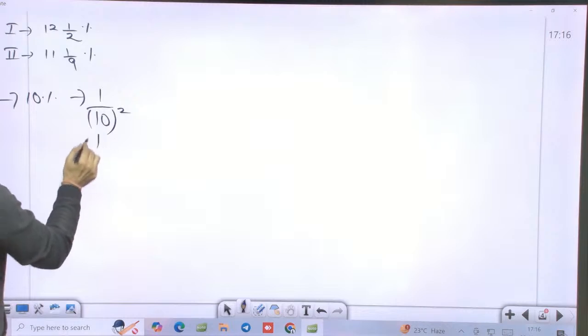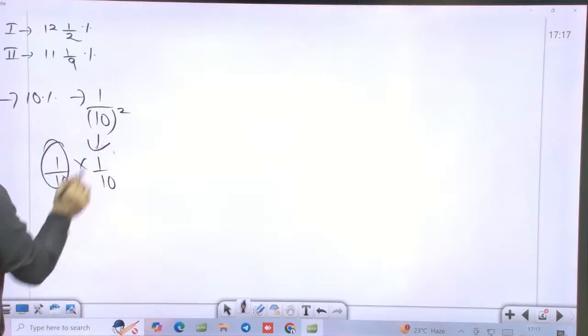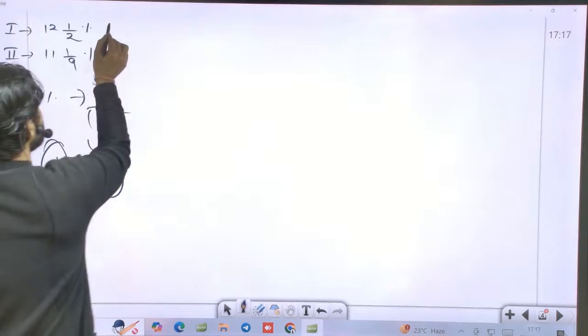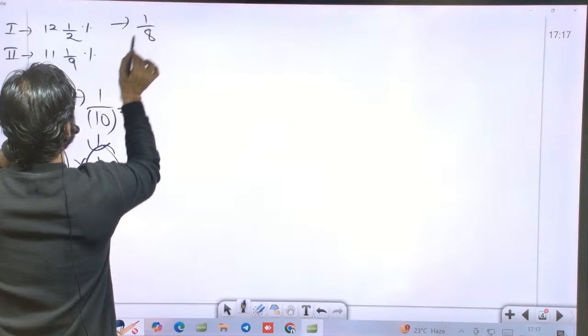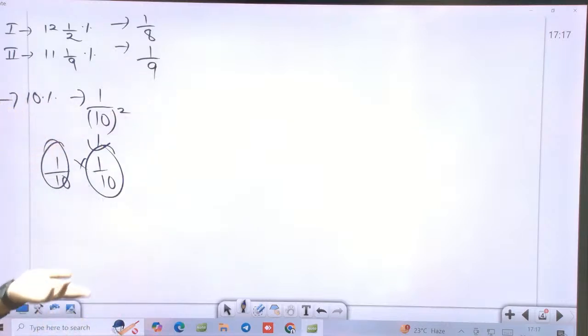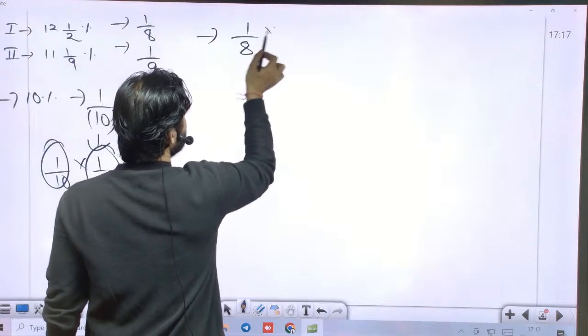Let's expand the square now. It was 1 by 10 into 1 by 10. This was for the first year, this was the second year, because the rate of interest was the same. But in this question, we have the fraction 1 by 8 and this fraction is 1 by 9. So we can multiply it. 1 by 8 into 1 by 9.